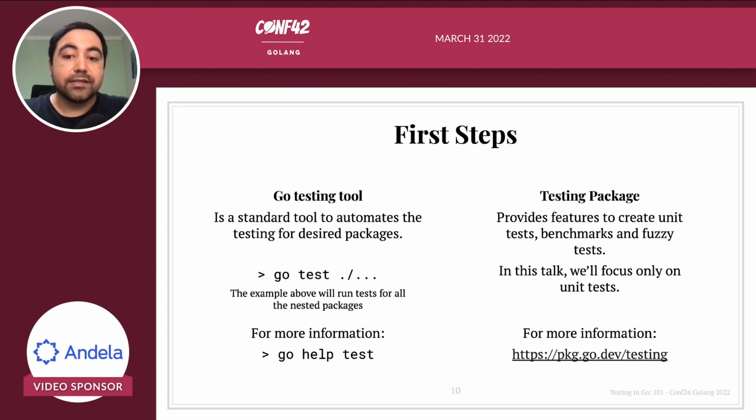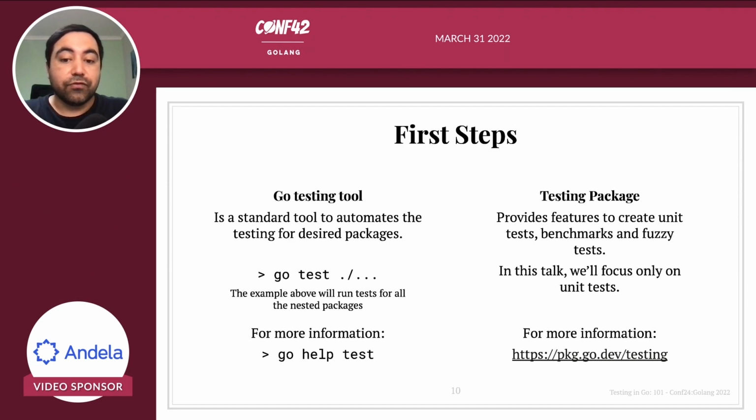The second one is the testing package. Like the Go testing tool, the testing package is included as part of the Go language. It's one of the standard packages. It provides features to create unit tests, benchmarks, and fuzz tests, but as part of this talk, we only use the unit tests provided by this package.